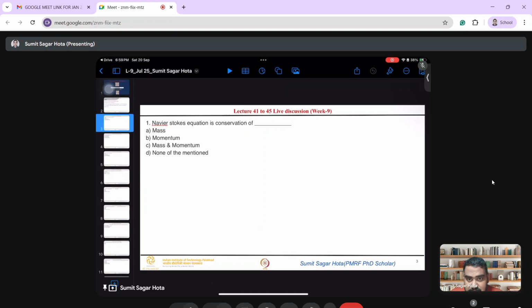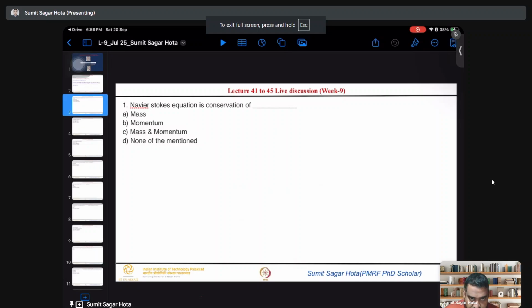The first question is: the Navier-Stokes equation is the conservation of dash.